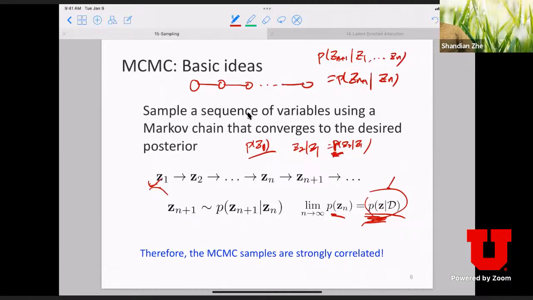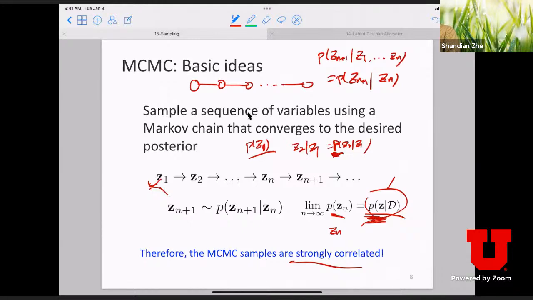And also from the sampling procedure, because each state, like Zn, is sampled given Zn minus 1, and Zn plus 1 is sampled given Zn, the generation of each state is highly dependent on the state in the previous step. That's why those samples, Z1, Z2, Zn, Zn plus 1, Zn plus 2, are strongly correlated. Even if your chain converges to the true posterior, the marginal distribution of each Zn in the limit follows the true posterior, but Zn and Zn plus 1 still have strong correlations.